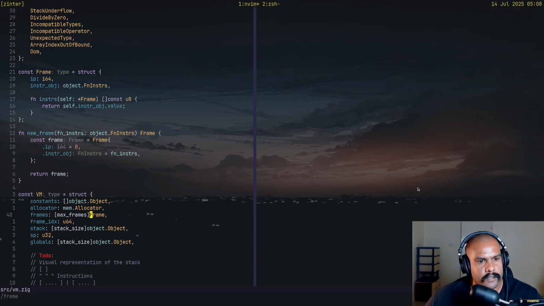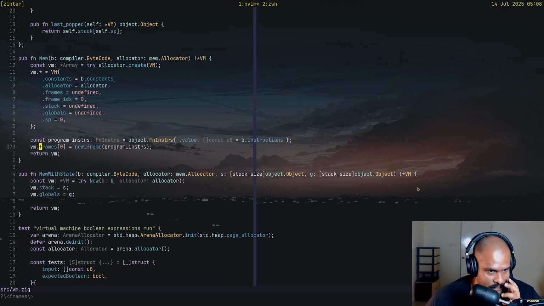It was so that I think we could push and pop frames off the stack. Maybe. No, what am I saying? No, that's not it at all. Gotcha.